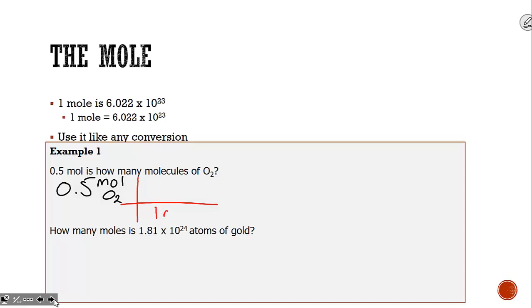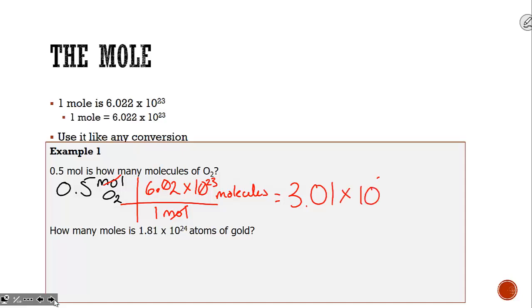For every 1 mole, I have 6.02 times 10 to the 23rd molecules. Moles cancel out, and I'm left with molecules of oxygen. So I would find that half a mole is 3.01 times 10 to the 23rd molecules.